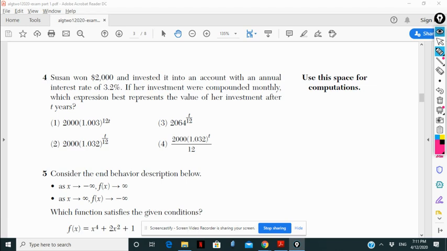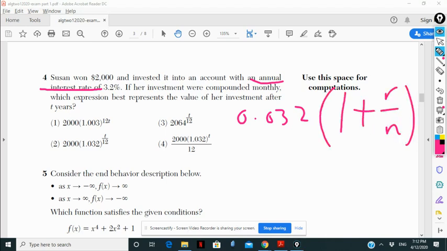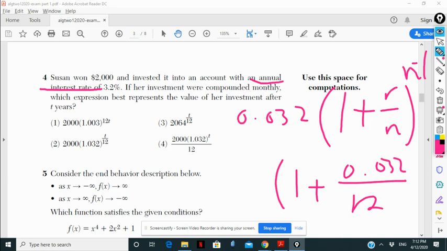So this interest is annual. The first step, I have 0.032. For compound interest, the formula is 1 plus r over n, to the power n times t. So I'm going to use 1 plus 0.032 divided by 12, to the power 12t.